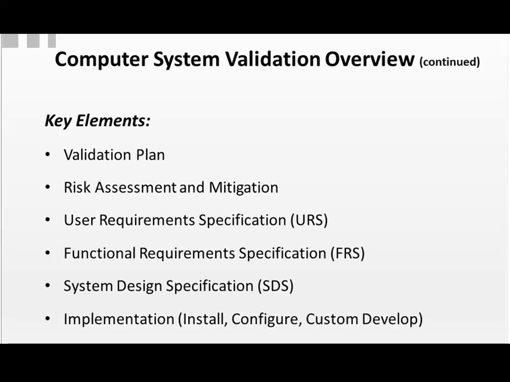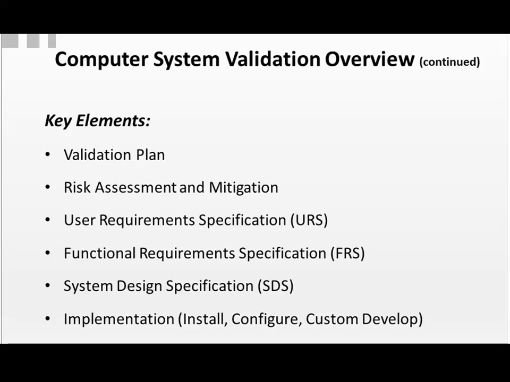The difference is that system design is for coded systems, where you have unique code written. If custom code is being developed, you'll have a system design specification showing how that code will be developed or delivered.